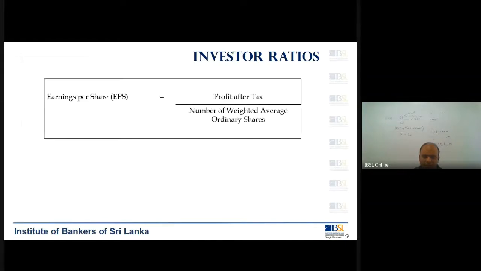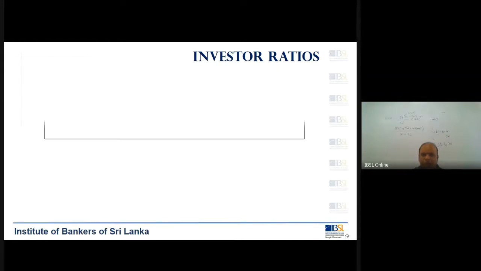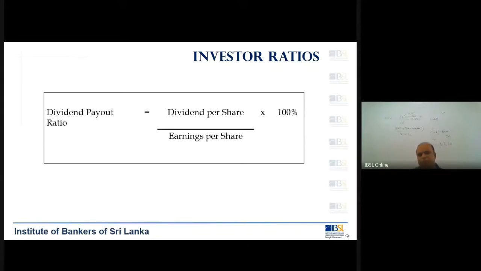That is this. So then only you can calculate the dividend payout ratio, because it is dividend per share divided by EPS into 100%. Okay.